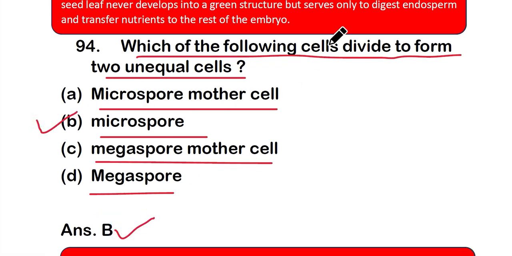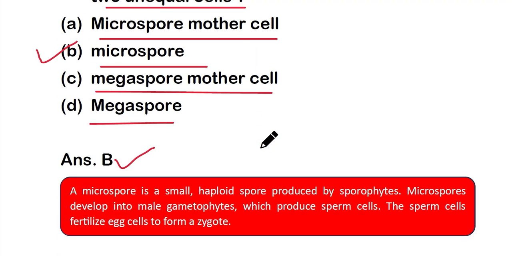So the microspore is the cell that divides to form two unequal cells. Okay, so a microspore is a small haploid spore produced by sporophytes. So microspores develop into male gametophyte which produce sperm cells. The sperm cells fertilize egg cells to form a zygote.